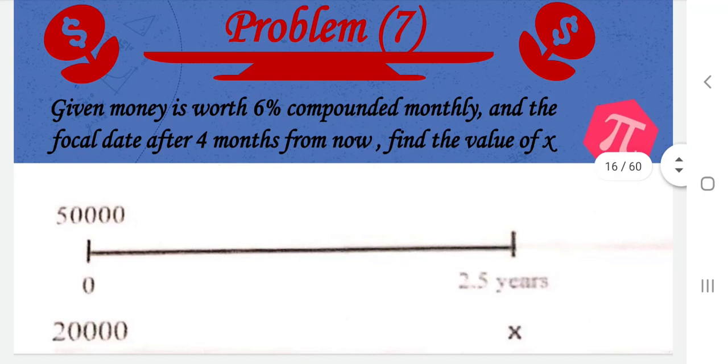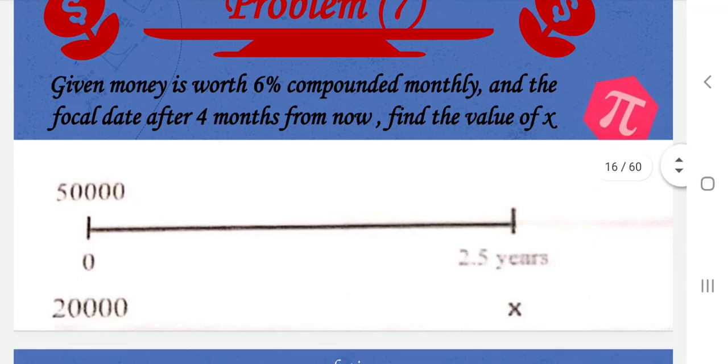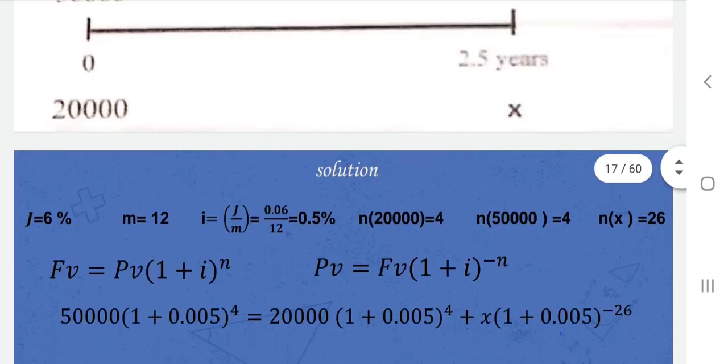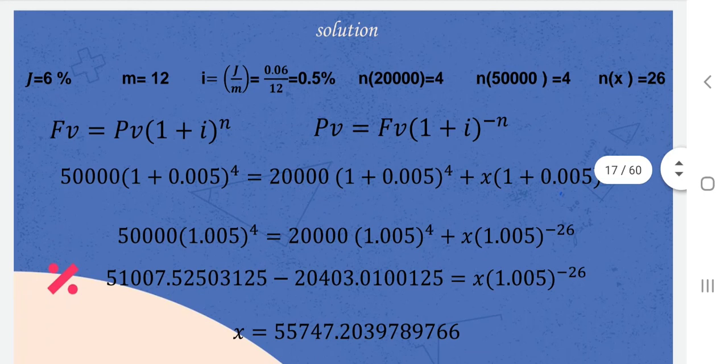Substituting in formula I equal J over M, 6% over 12 equal 0.5%. Solution: J equal 6%, M equal 12, I equal 0.5%, N for 20,000 equal 4, N for 50,000 equal 4, and N for X equal 26.